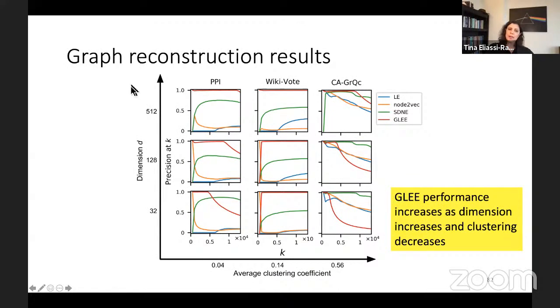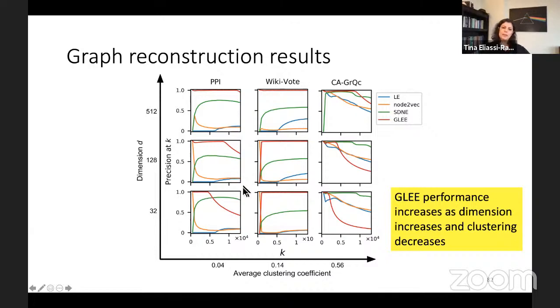On the y-axis here, you're seeing the number of dimensions. So how many columns of the S matrix would you pick? I'm showing the popular node2vec graph embedding, which does a random walk on the graph to find context around every node, and then does a word embedding by using a skipgram. I'm also comparing with Laplacian embedding, and the green line is SDNE, which is a deep network autoencoder approach.